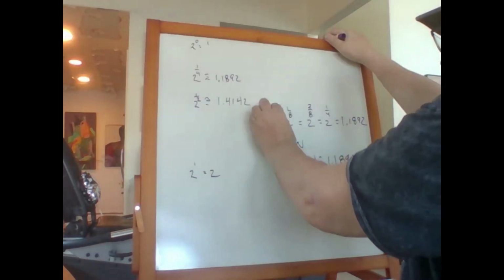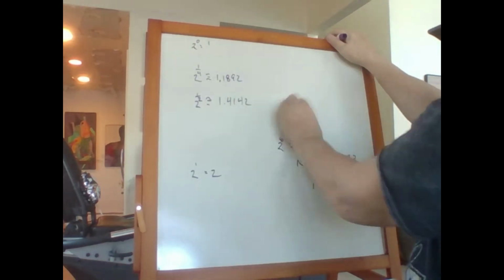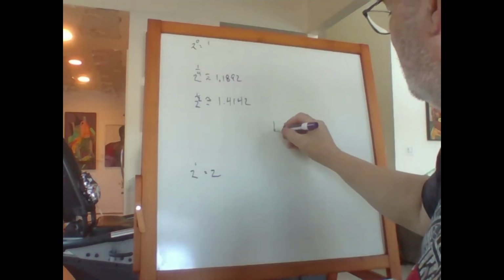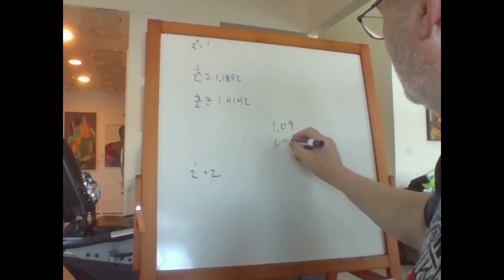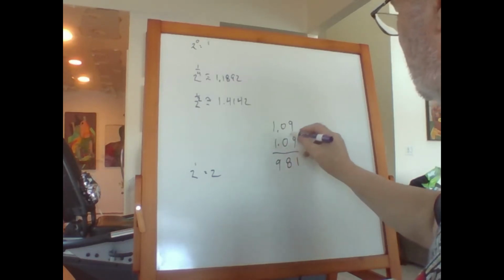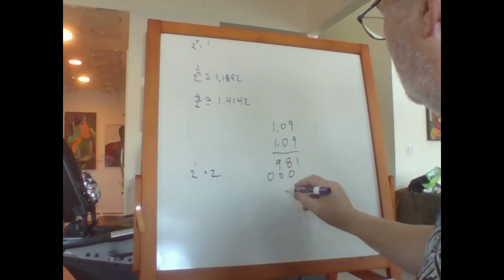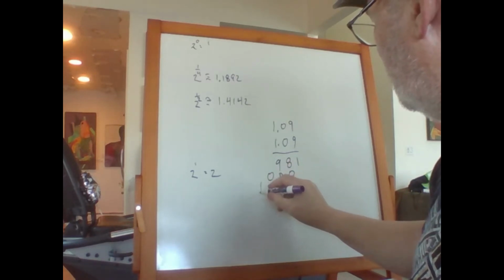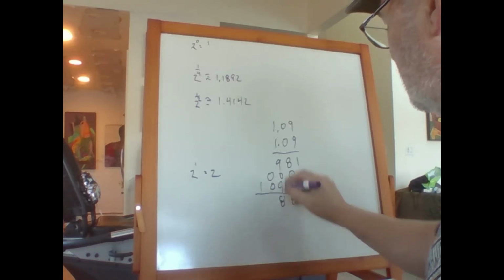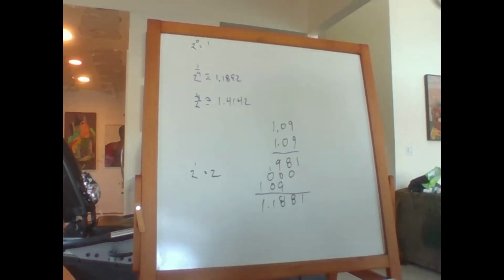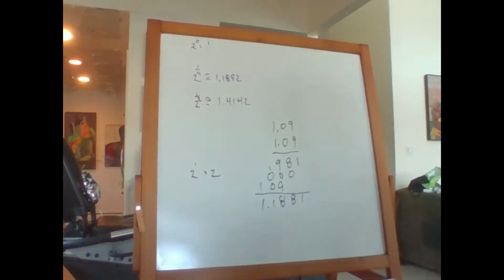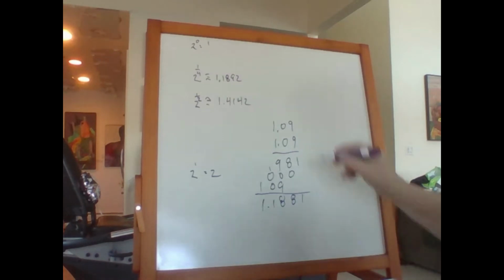And we can guess that that number is 1.09. 1.09 squared is 1.1881. So we're getting there.